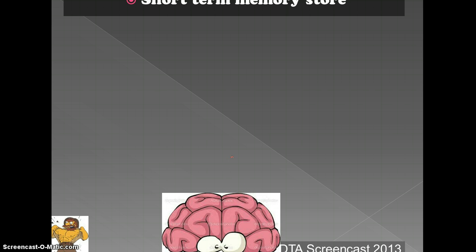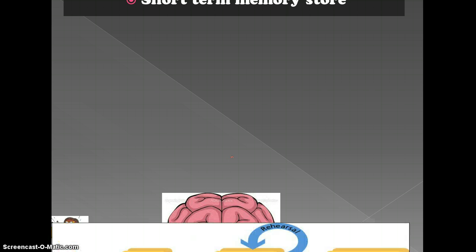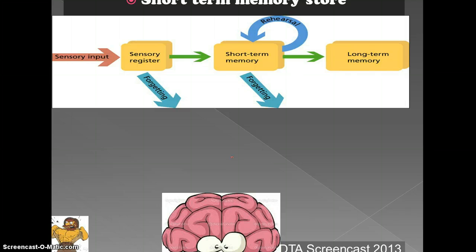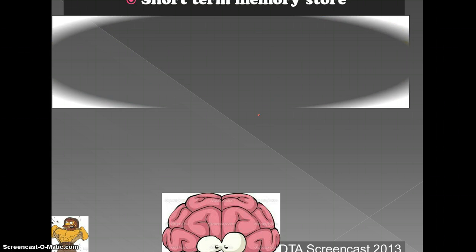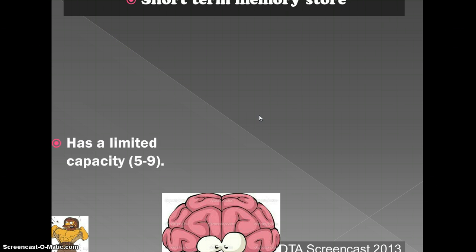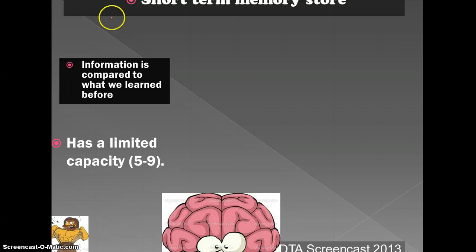So our short-term memory store here, as I mentioned, is the workplace, and we're focusing on this part here. With this, characteristics are its limited capacity to 5 to 9 bits of information as a rule, and the information is compared to what we've actually learned before.